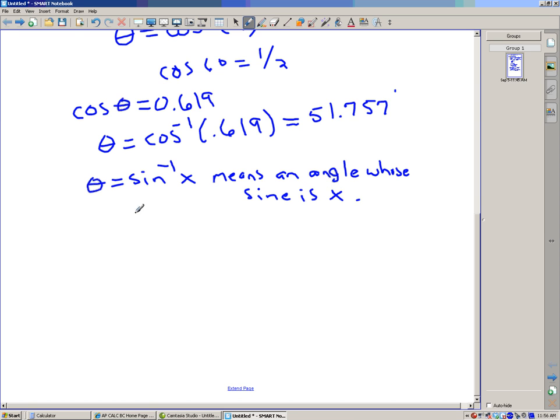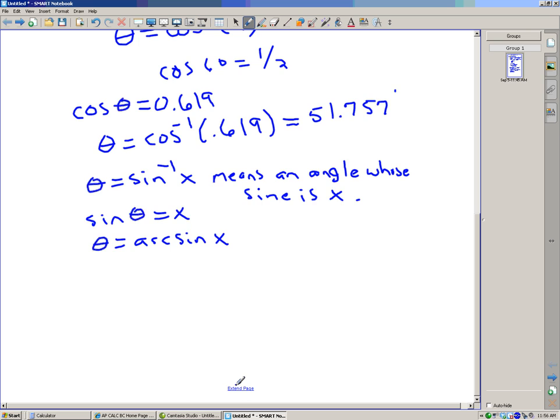Now there's some other ways of saying this. We can say the sine of theta equals x. We could also say theta equals arc sine of x. This is another way of saying sine to the negative 1.